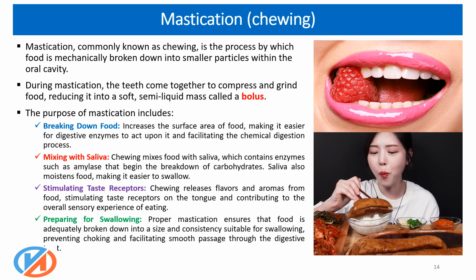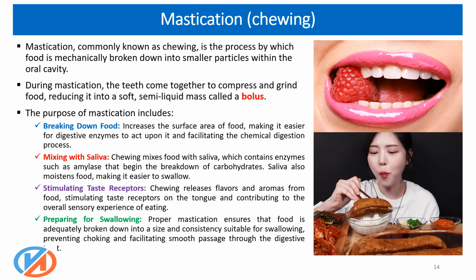So the purposes of mastication include breaking down food. Breaking down food increases the surface area of the food, making it easier for digestive enzymes to act upon it and facilitating the chemical digestion process by the enzymes, which are produced by the pancreas as well as the salivary glands.